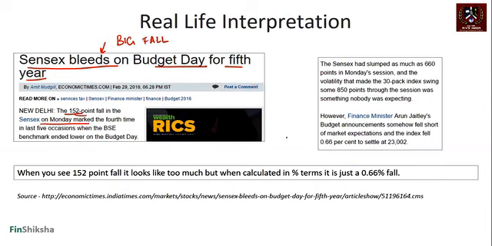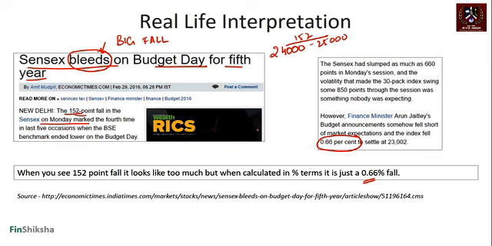Maybe it's still big, but the reality is the fall was 0.66% in absolute terms. That's because the Sensex itself is at a level of 24,000 to 25,000, right? So on that, a 150-point fall is actually just 0.66%. So this headline that says Sensex bleeds on a budget day is probably misleading.